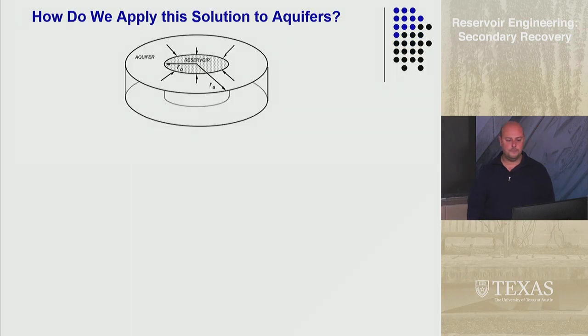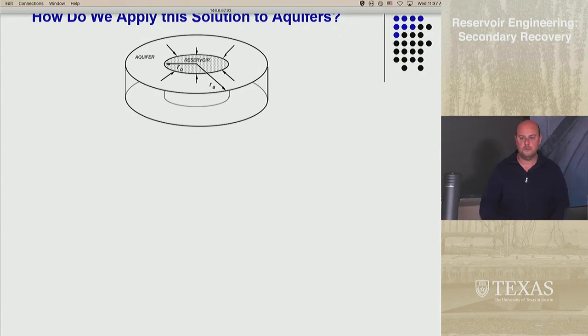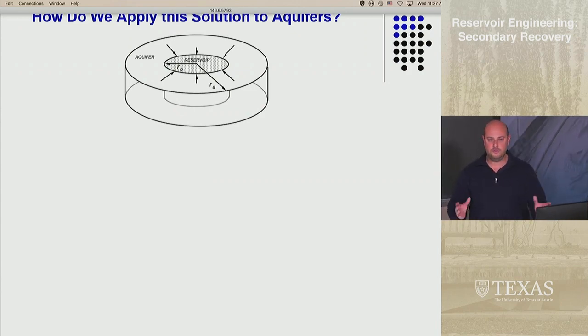Okay, so the next question. How do we apply this solution to aquifers? That's what we want, right? We want the cumulative amount of water encroached into the reservoir. And what we have now, any of the 4 ways we use it, is a solution for cumulative flow if the inner cylinder is at constant pressure.